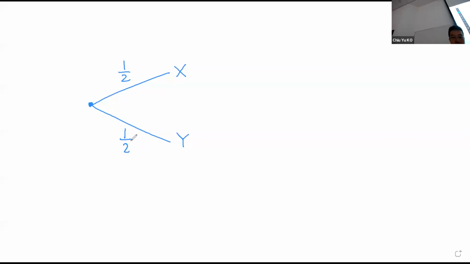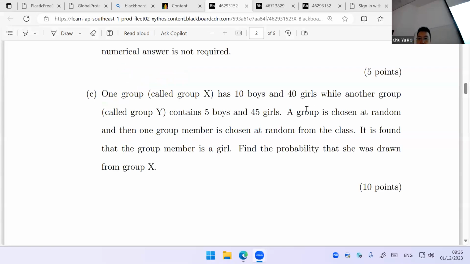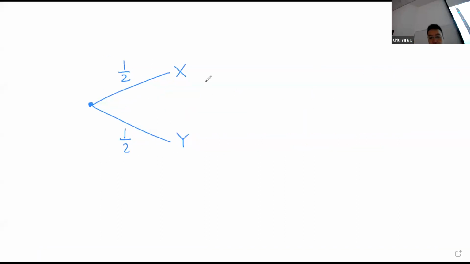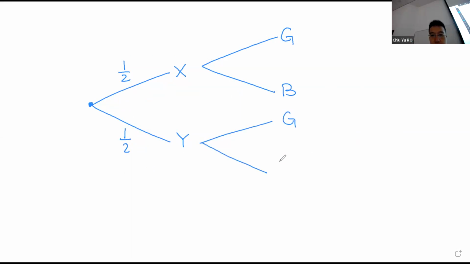It's the first step. Remember the question, look at the question again. The question said you choose the group at random, only 2 groups. Random means half likely is X and half likely is Y. And once you choose the group, you pick up one person, either girl or boy.